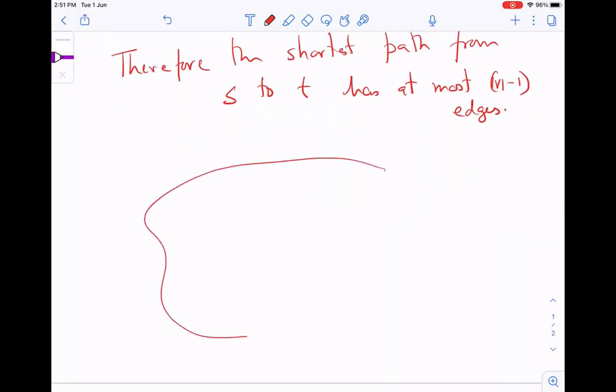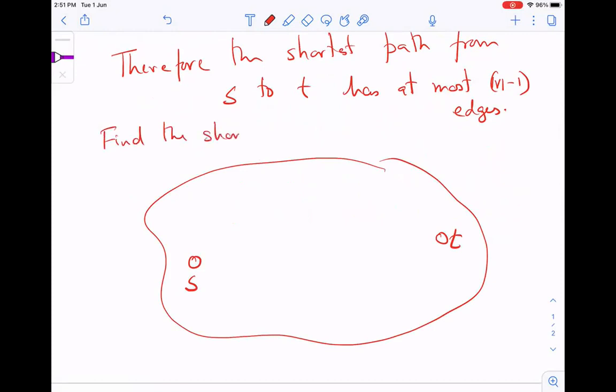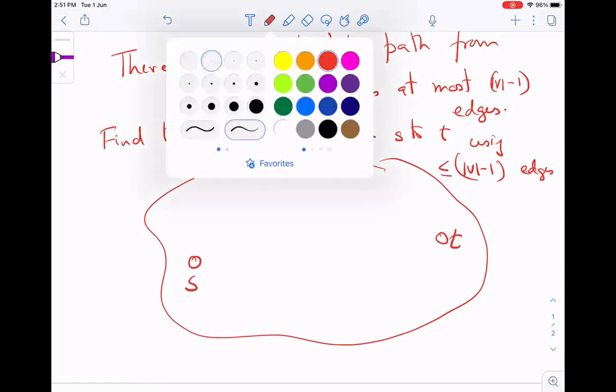Here is S. Here is T. I want to go from S to T and find the shortest path using at most V minus 1 edges.